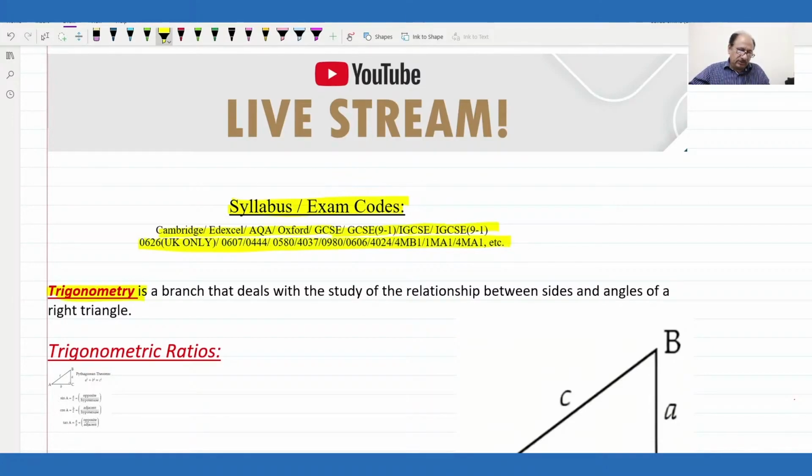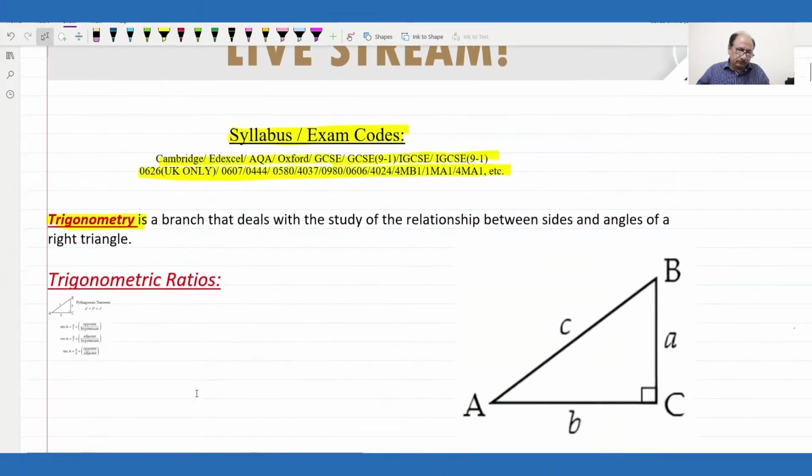So trigonometry is basically a branch that deals with the study of the relationship between sides and angles of a right triangle. First of all, you should keep in mind that we will be dealing with right triangles.